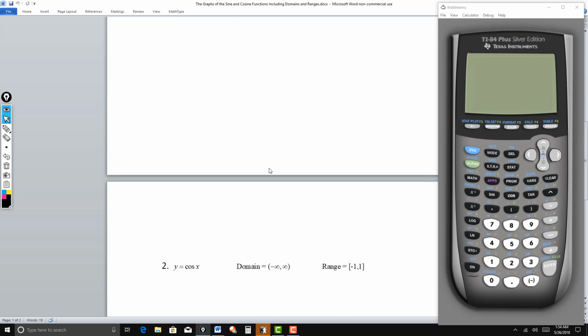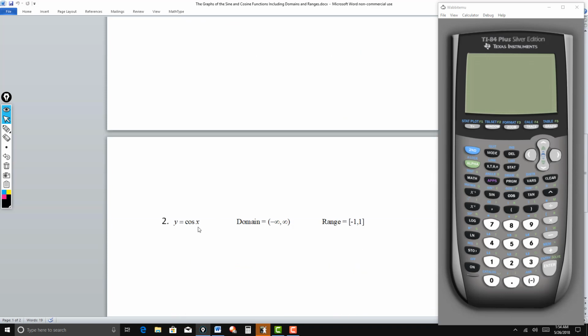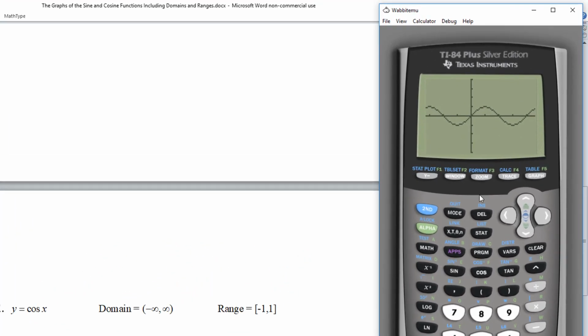In the same way, it turns out the cosine is going to have the same domain and the same range, because if we look at this, clear this, and let's enter the cosine.